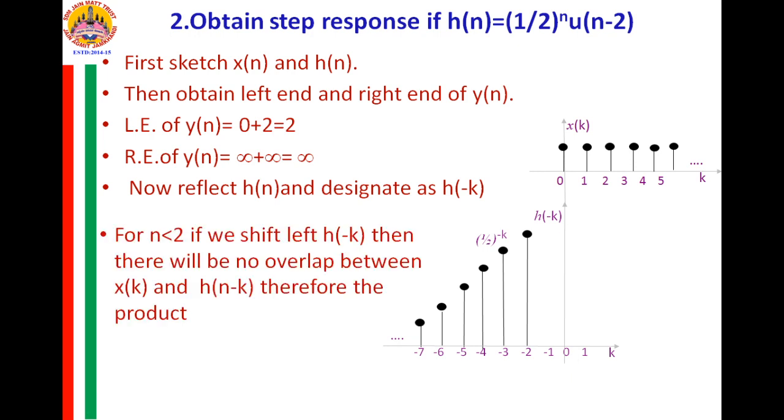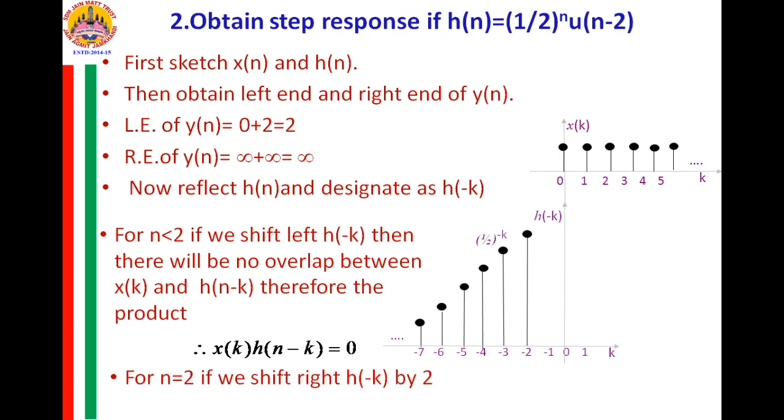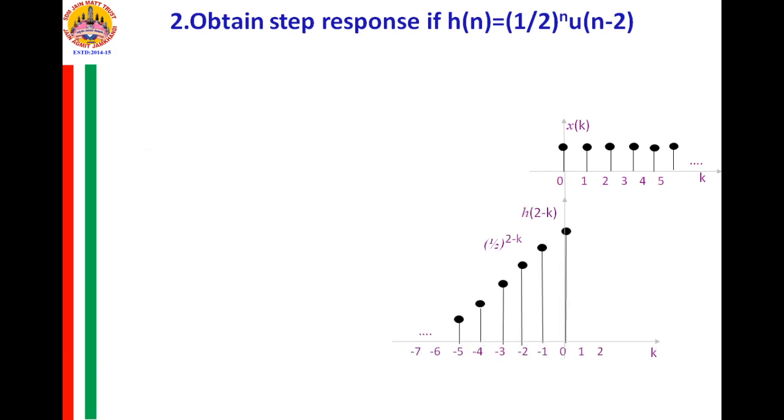For n less than 2 there will be no overlap between xk and h of n minus k, therefore the product will be equal to 0, and then definitely yn also will be equal to 0. So for n is equal to 2, we shift right this h of minus k by 2 and obtain this h of 2 minus k.